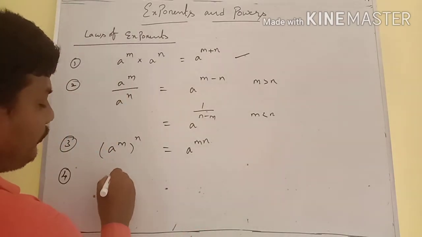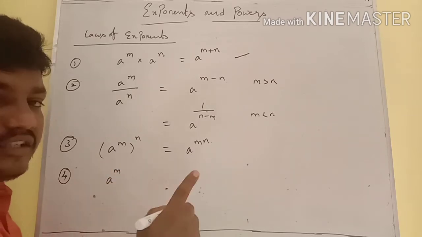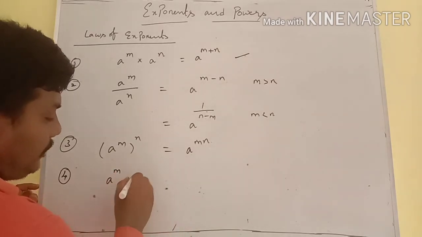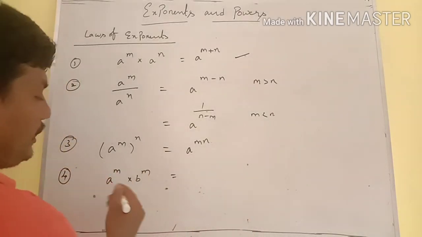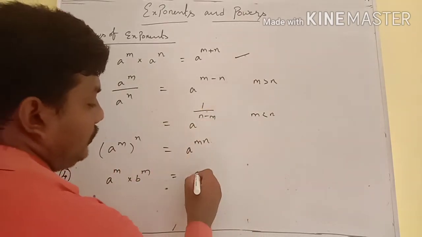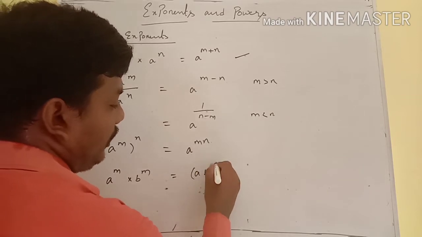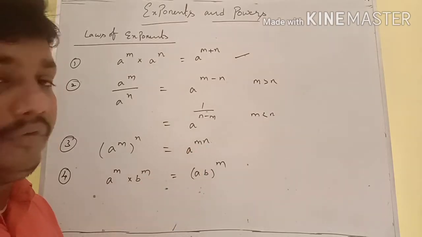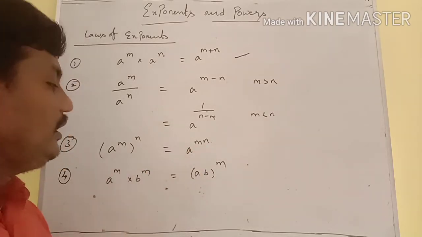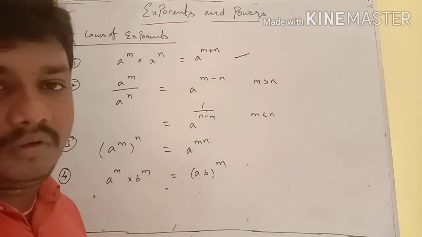If you have a power m into b power m, two different bases with the same exponent, we make the exponent common. We write these as ab whole to the power of m. A power m into b power m can be written as ab whole to the power of m.